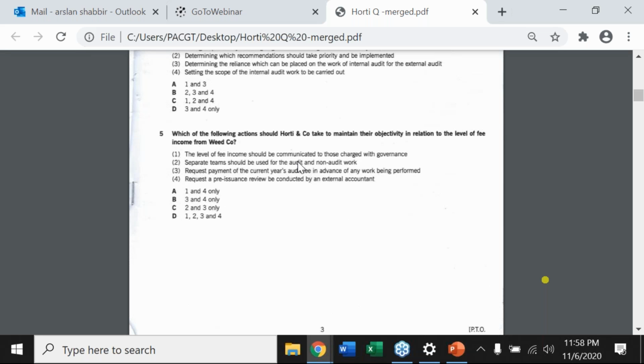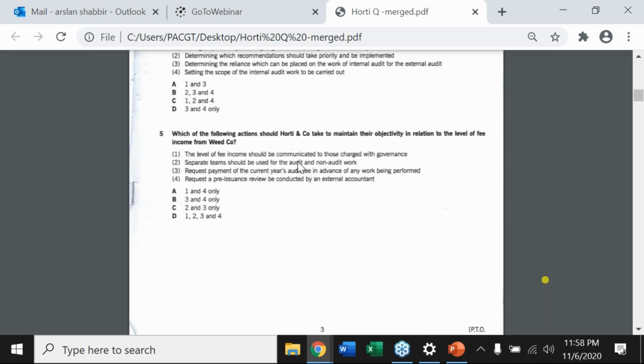There is a rule set, and I have also mentioned it in the slide, you will read it, that for a listed company, your fees will not be more than 15% of the firm's total revenue.